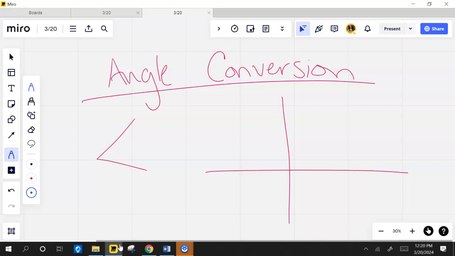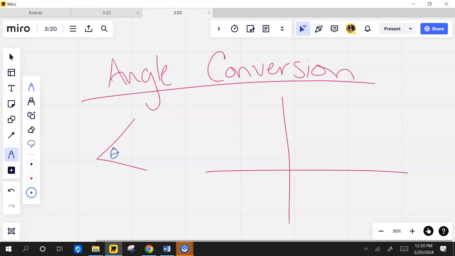Give me a variable you use frequently to describe an angle's measure. Y'all might not know this yet. Have you ever seen this? Theta. Yeah, theta. Theta is your angle measure.